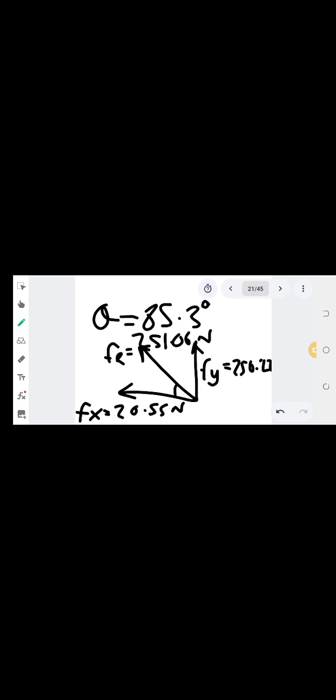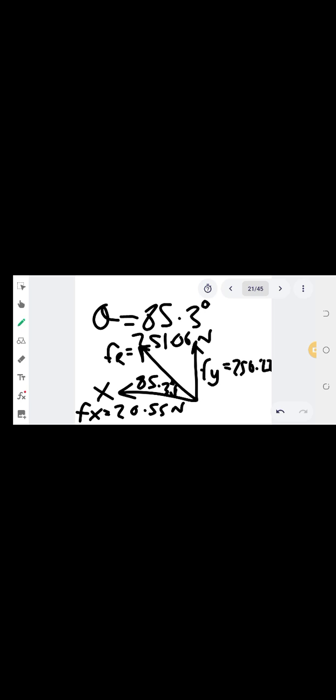So our theta is equal to 85.3 degrees from the negative x-axis, as you can see. So the direction is 85.3 degrees from the negative x-axis. As you can see, this is the negative x-axis. Then we have got the resultant force of 251.